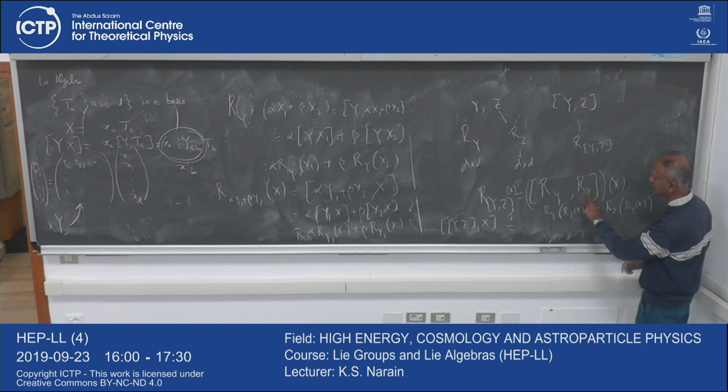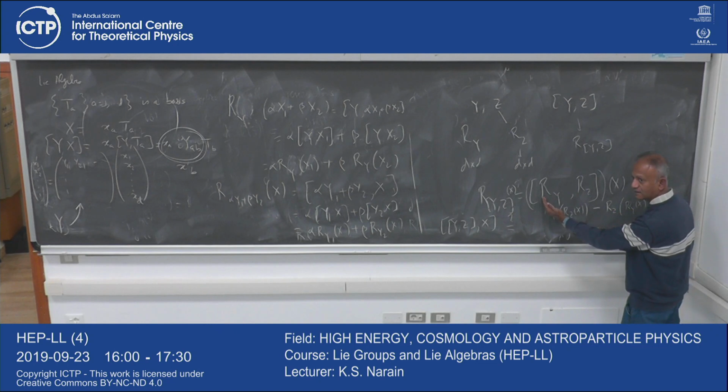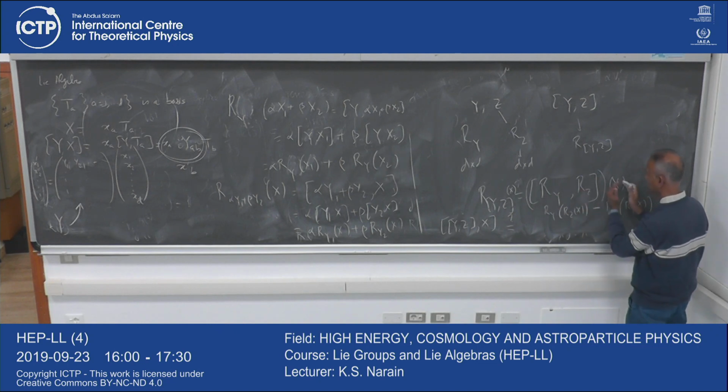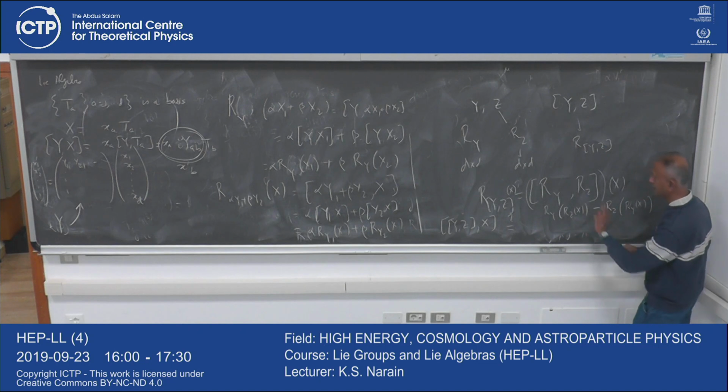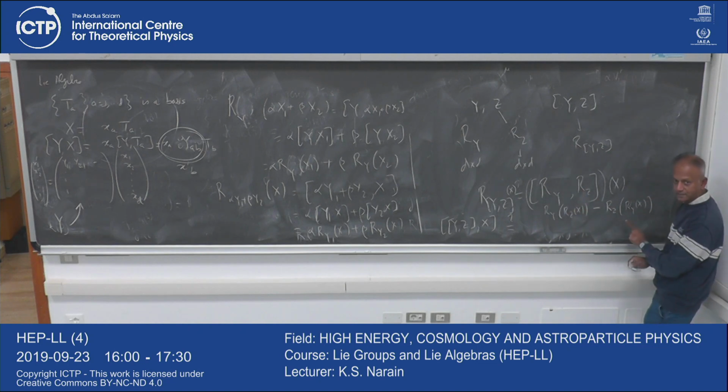What does this commutator mean? First R_z acts on x and you get something, then R_y acts on that, because this is again a Lie algebra element. And the other way, in the opposite order. The commutator has two terms.